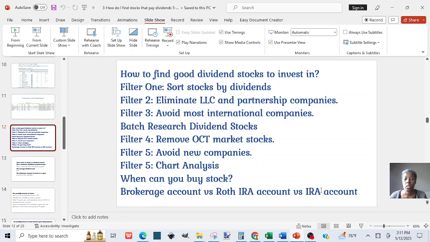tax free. So the money you invest in the Roth is after tax money, your paycheck. So the money is taxed already, but the equity that will build in the Roth when you take it out is tax free.